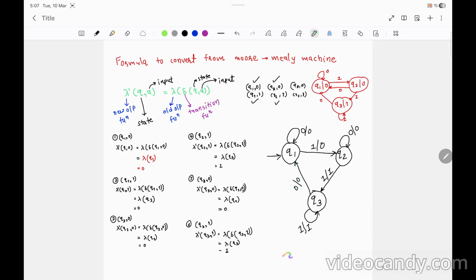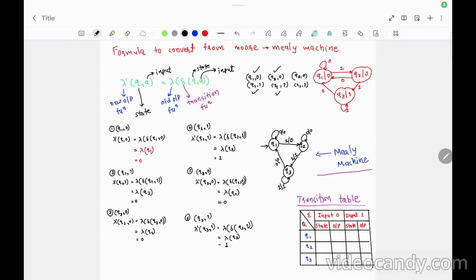So now this is the transition diagram of the Mealy machine. Now we will draw the transition table of the given Mealy machine diagram. Here we take the states Q1, Q2 and Q3, and the inputs 0 and 1, and for each input the next state and the output.